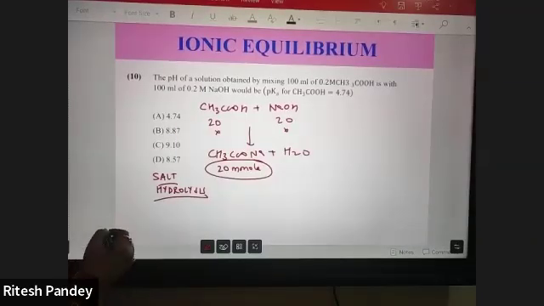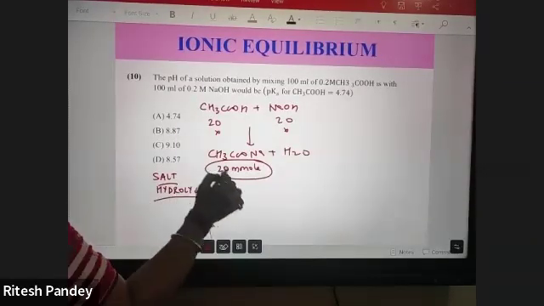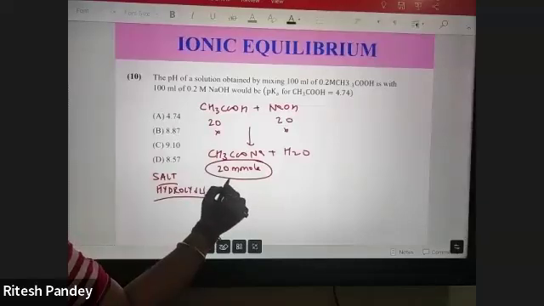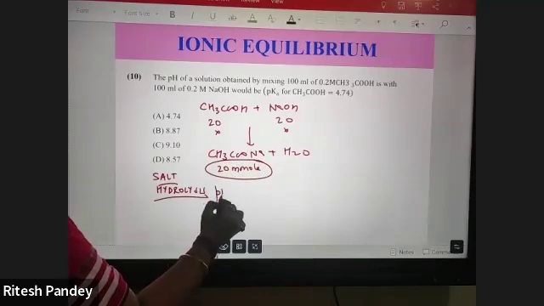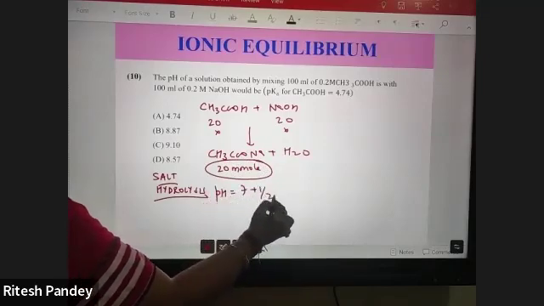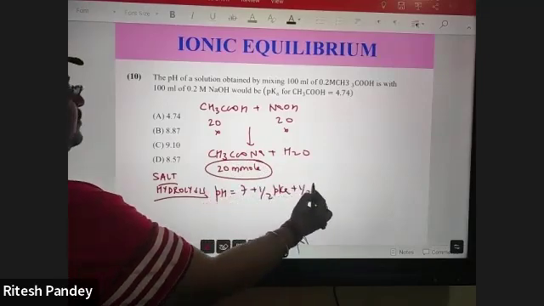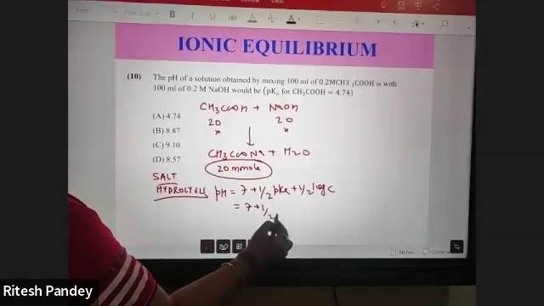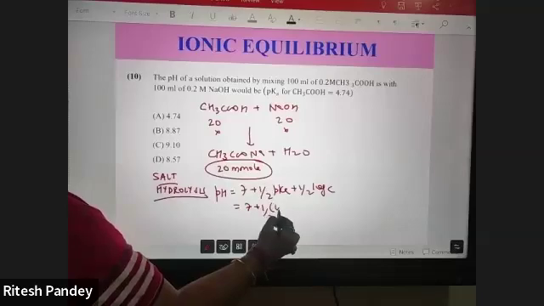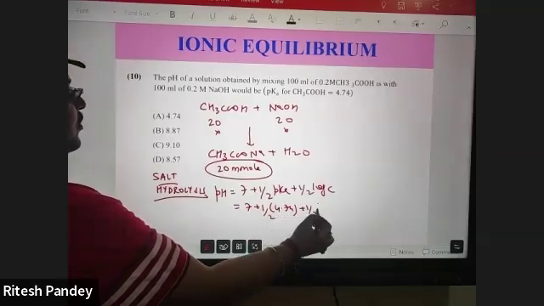Every time it's being taught, salt hydrolysis is the need of the hour only when only salt is there. And if it's a strong base, weak acid, I'll go with my gut feeling, more than 7, 7 plus plus. See, this is how I proclaim it to be recalled, 7 plus plus.